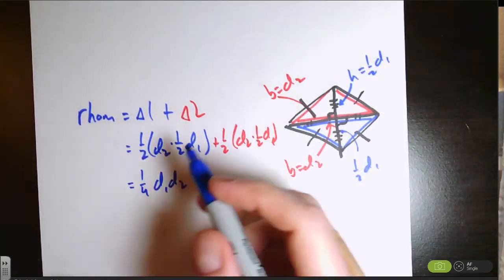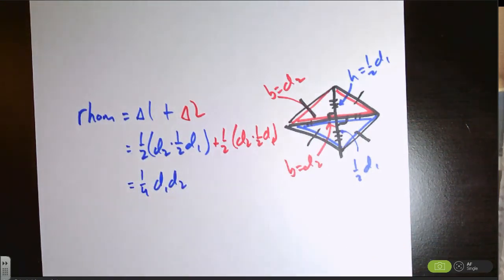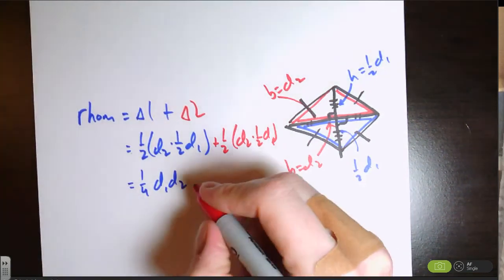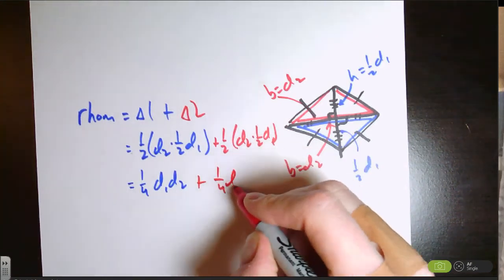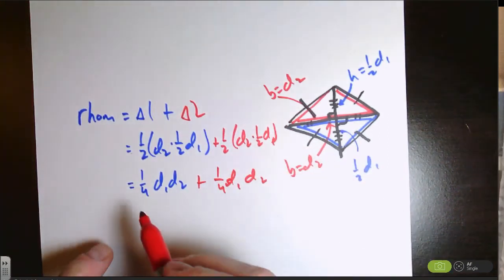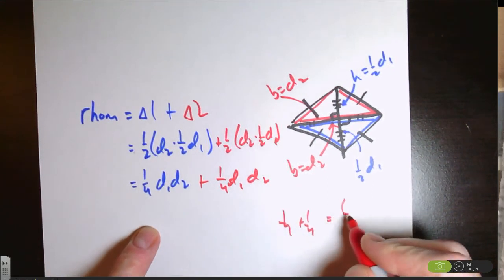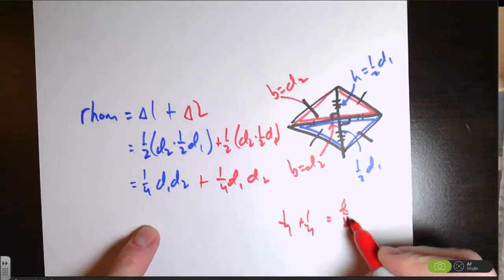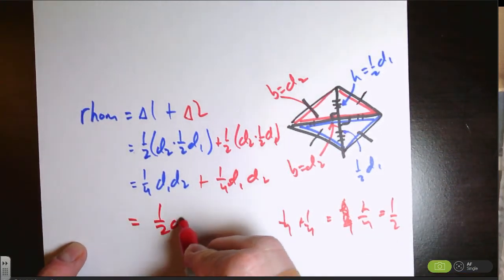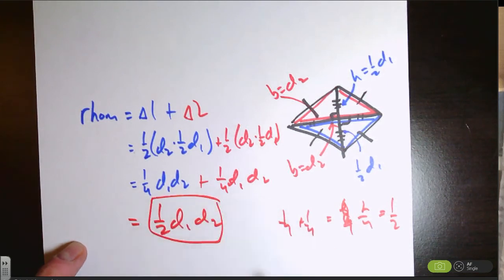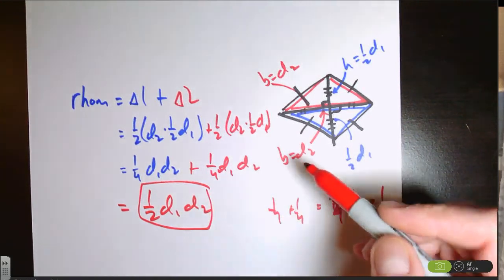And then D2 times D1, I'm going to alphabetize, put it in order, D1, D2. And then the one in red, 1/2 times 1/2 is 1/4 again, and then D1 times D2 is just D1, D2. And then a fourth of something plus a fourth of something, well, 1/4 plus 1/4 is 2/4, which is 1/2. So hey, in the end this is 1/2 diagonal 1 times diagonal 2. And that's the formula for area of a rhombus, 1/2 D1 times D2.